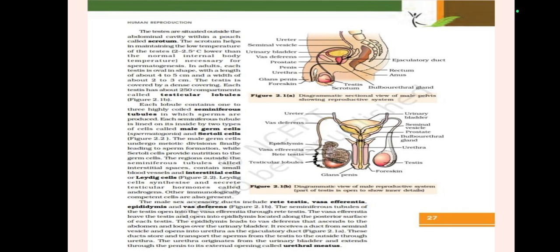The regions outside the seminiferous tubules, called interstitial spaces, contain small blood vessels and the interstitial cells or Leydig cells, figure 2.2. Leydig cells synthesise and secrete testicular hormones called androgens. Other immunologically competent cells are also present.